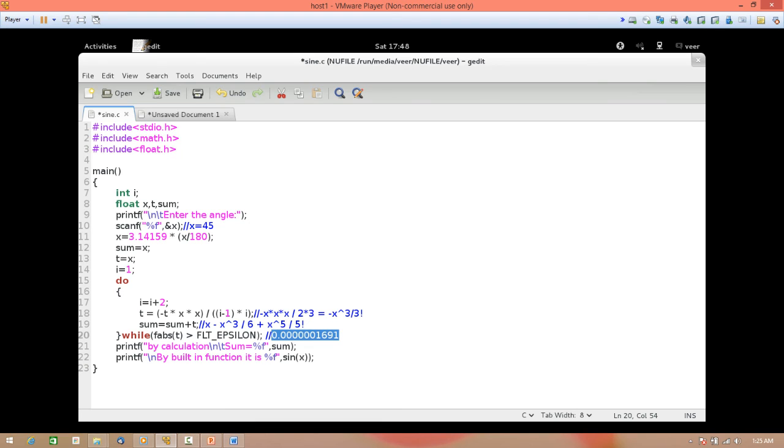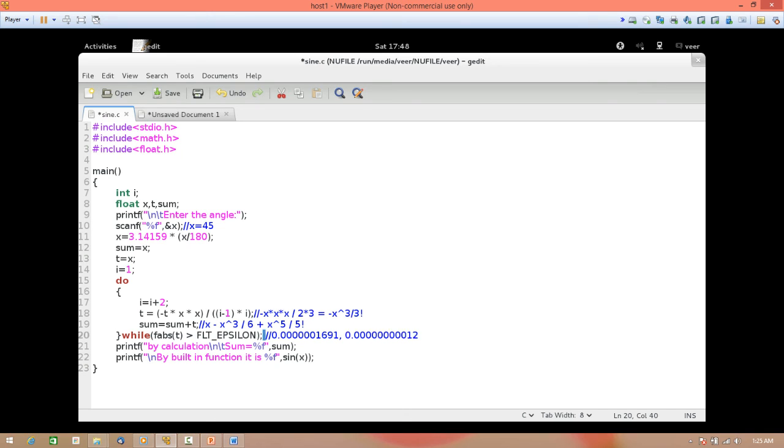Anything smaller than this value is smaller than FLT underscore epsilon, so at that time we stop, because adding or subtracting such a term is not going to make much difference.